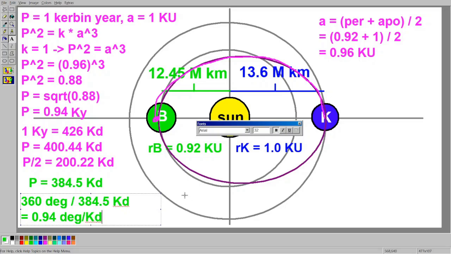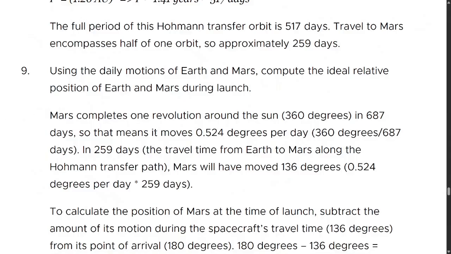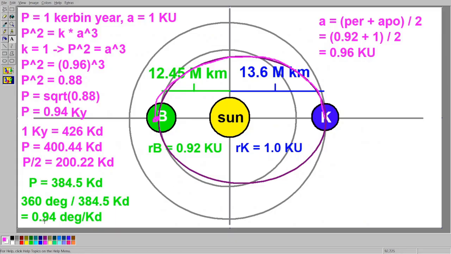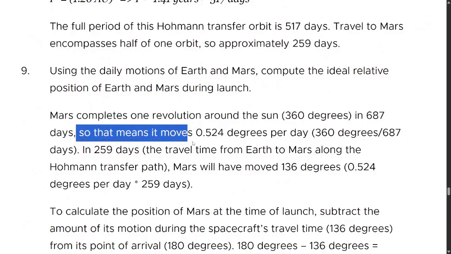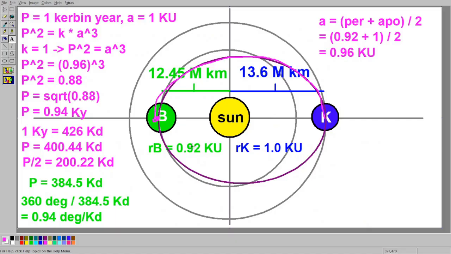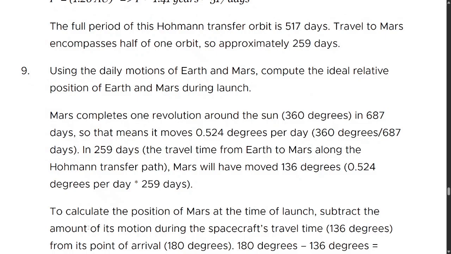Right. Okay, so now what's the next step? Bill Kerman completes 1 revolution around the sun, 360 degrees, in 384.5 Kerbal days. So that means it moves 0.94 degrees per Kerbal day, right?